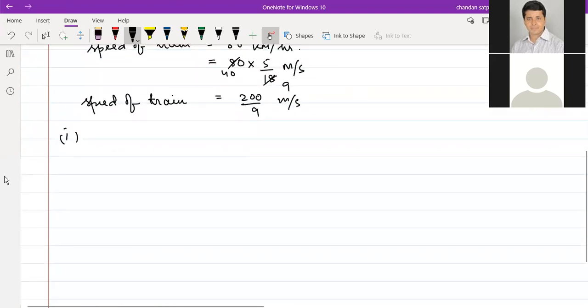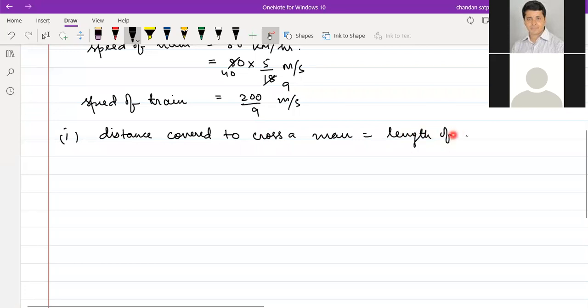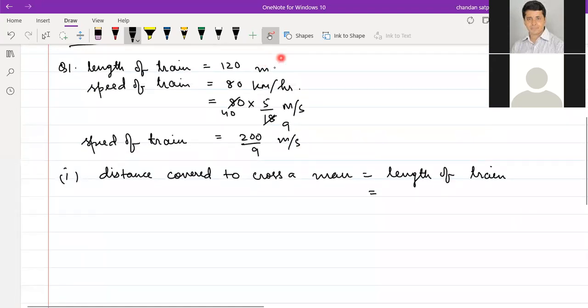So we'll write here that distance covered to cross a man, what is the formula? Is equal to length of train. What is the length of train? We are already given the length of train, 120 meter. So we'll write here 120 meter.